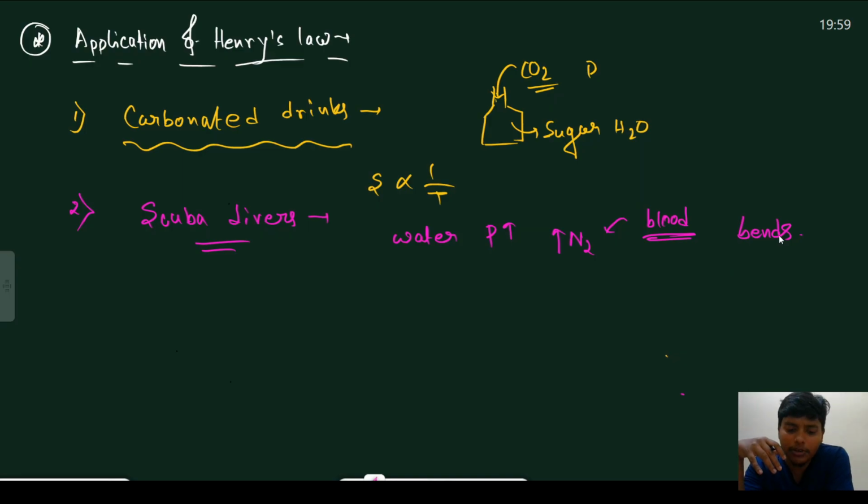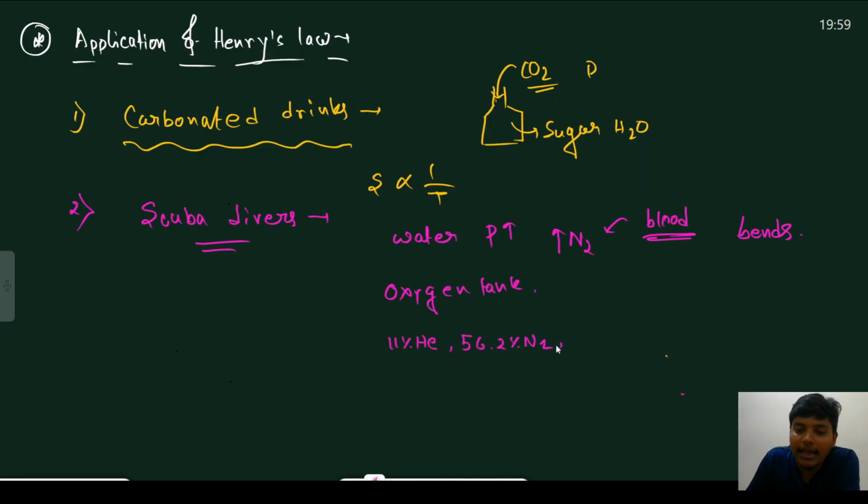Many things happen. So to overcome that, nowadays scuba divers take in their gas cylinder, the oxygen tank, 11% helium, 56.2% nitrogen and 32.1% oxygen.